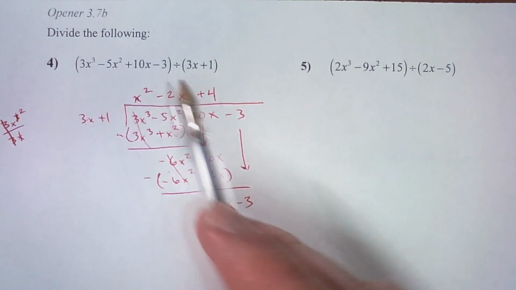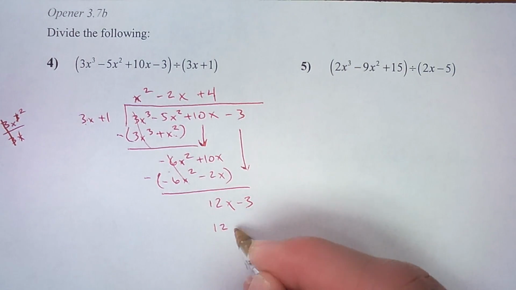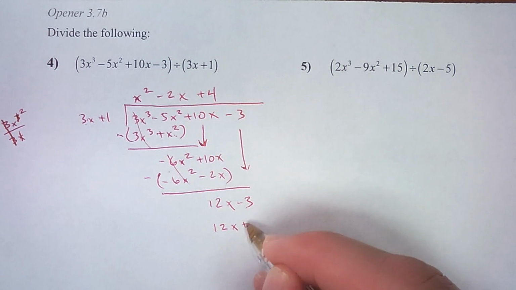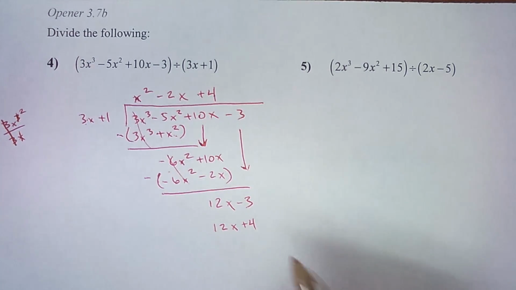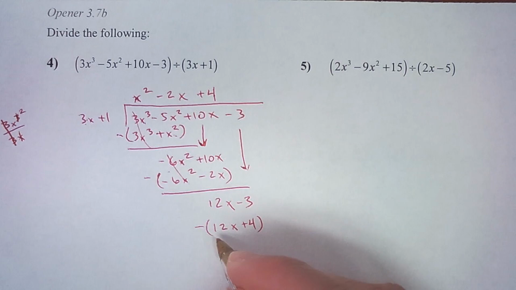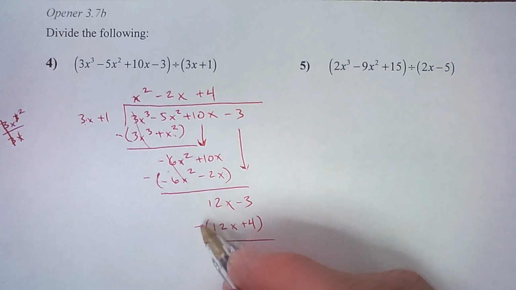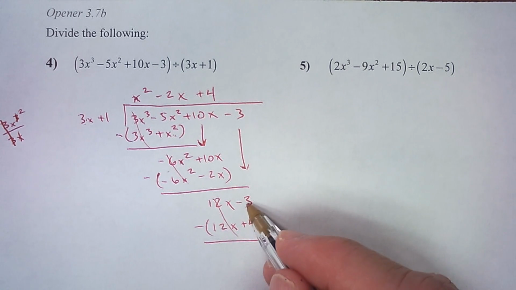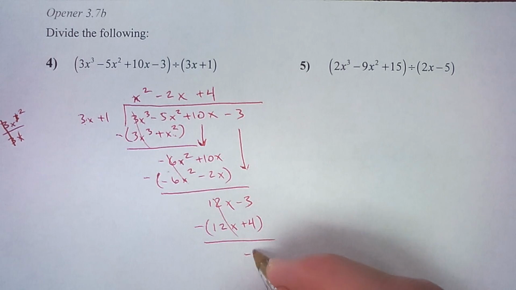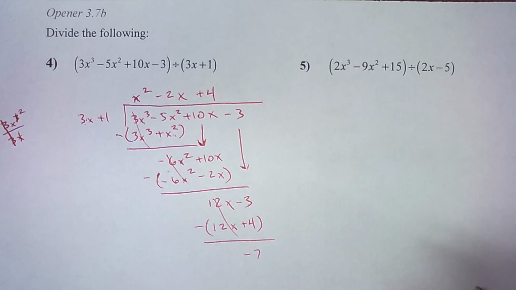Distribute. 4 times 3x plus 1 is 12x plus 4. And subtract. 12x minus 12x cancels. Negative 3 minus 4 is negative 7. And that is our remainder.